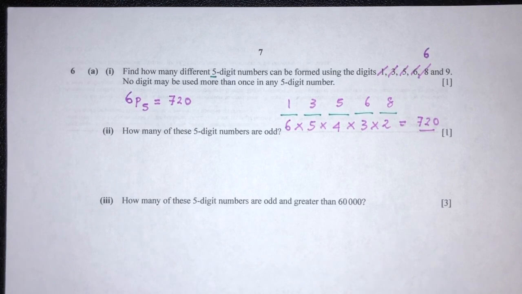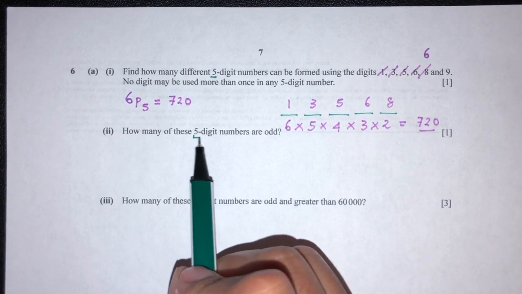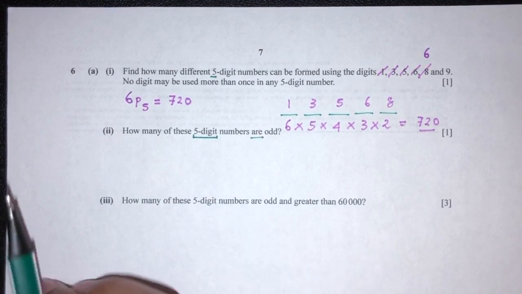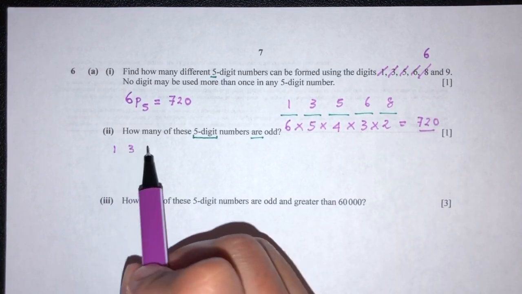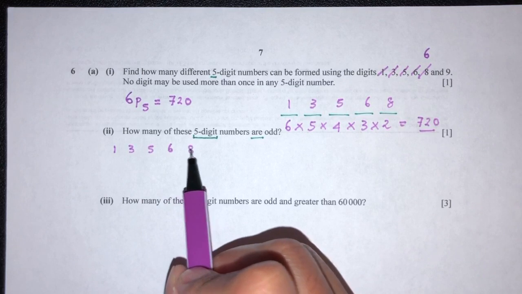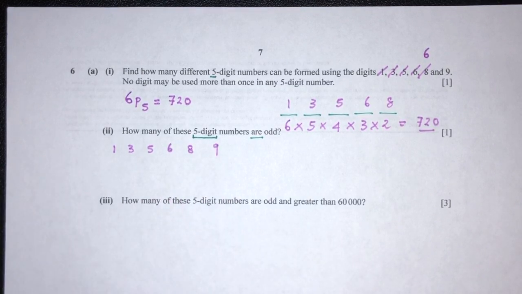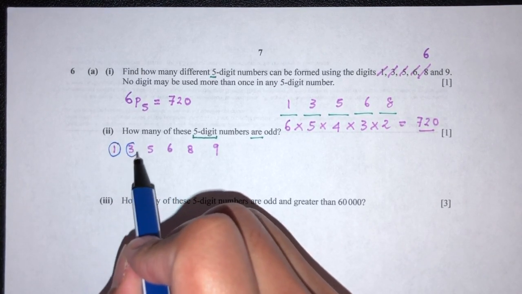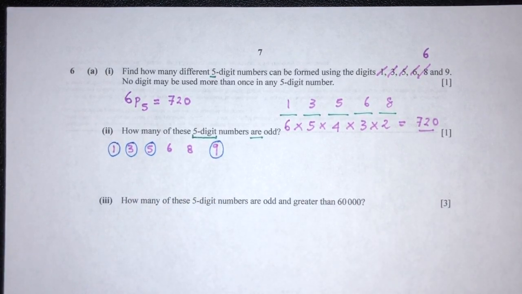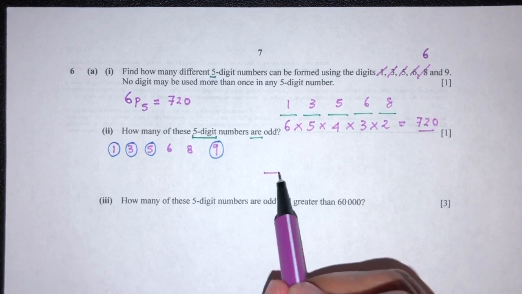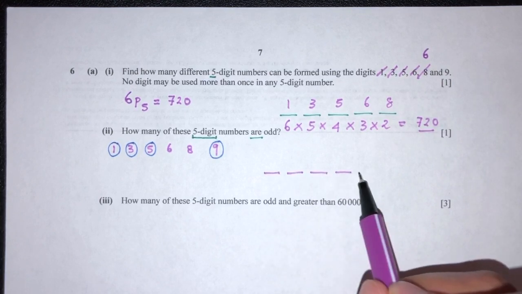Now for part 2, how many of these 5-digit numbers are odd? So let's see. We have the numbers 1, 3, 5, 6, 8, and 9. So this is odd, odd, odd, and odd. We want to form a 5-digit number, so we have to have 1, 2, 3, 4, 5.